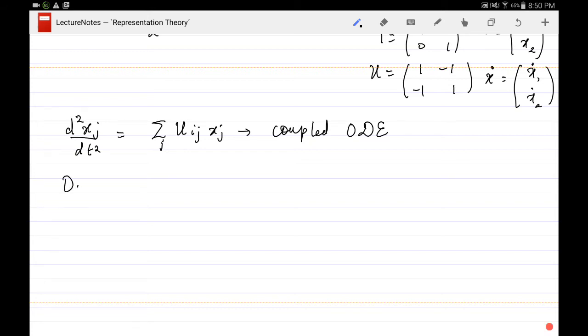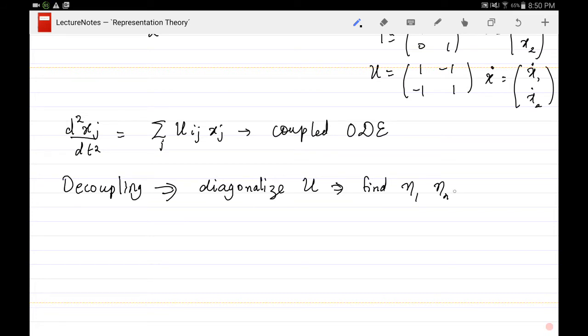So decoupling will mean diagonalize U, which means find new coordinates, eta 1, eta 2, such that the ODEs are decoupled.